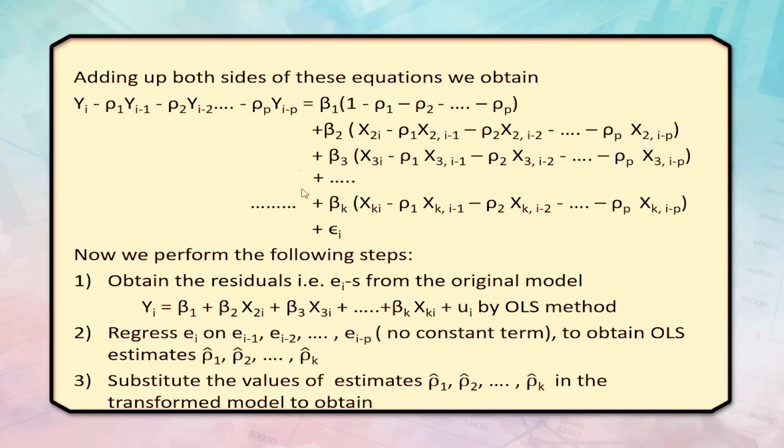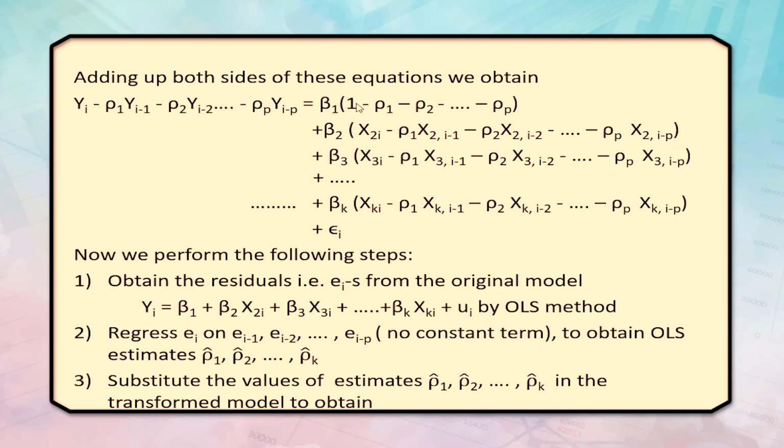So, that gives us the transformed model, where on the left hand side we have y_i minus all the lags of y_i up to i minus p, and these lags are multiplied by the corresponding autoregression coefficients or autocorrelation coefficients rho 1, rho 2 up to rho p.